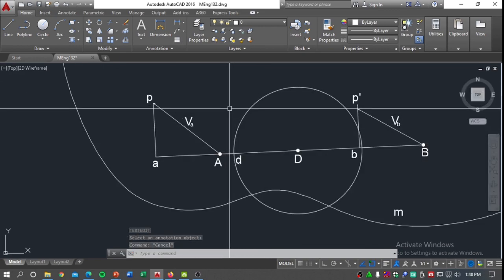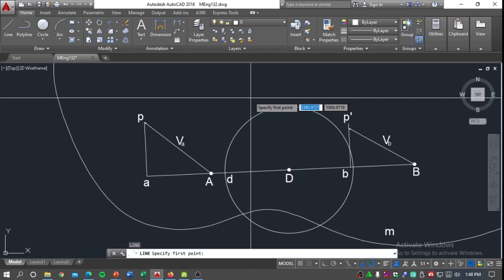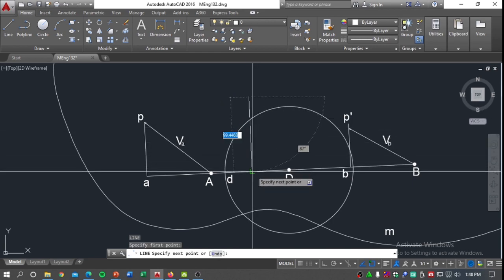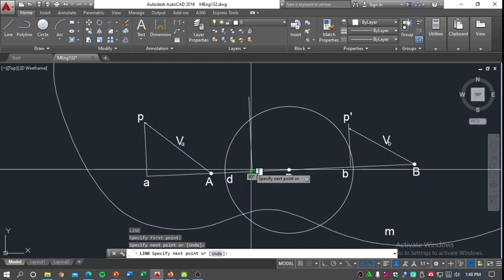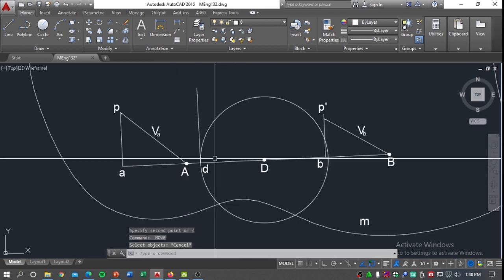Okay. So next is that we might first draw a perpendicular line, same with what we've done with point B. Project a perpendicular line.